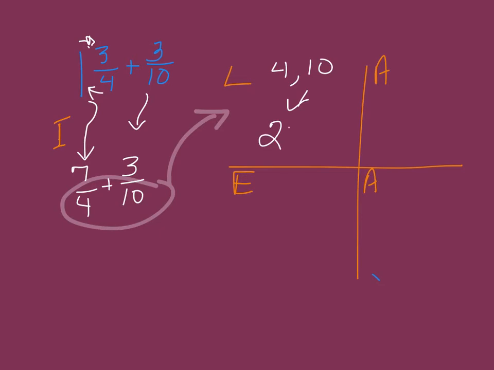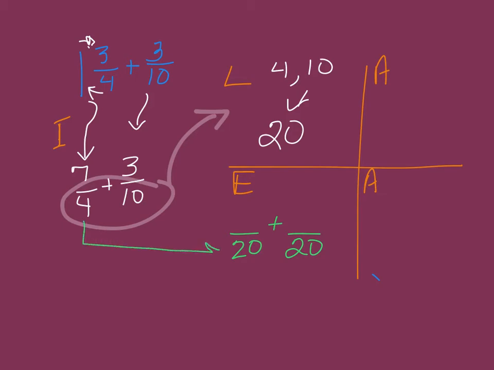If not, you've pulled out your multiplication chart and you've found that they share 20 as a multiple. Now I know that I need to transfer each of these fractions into a number that has a denominator of 20. I'm still adding them.